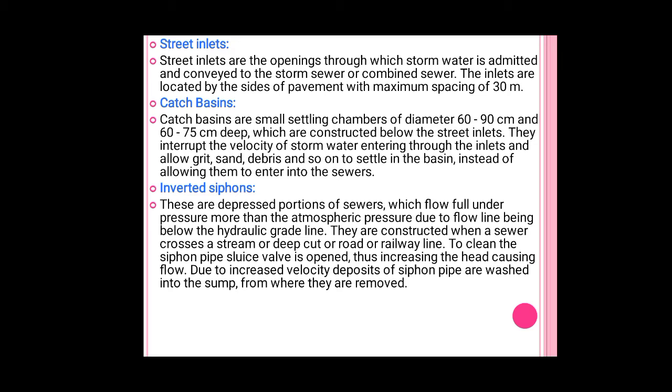To clean the siphon pipe, there is a small wall for the openings, thus increasing the head causing flow. Due to the increased velocity, the deposits in the siphon pipes are washed into the sump, from where they are removed. This is the inverted siphon.